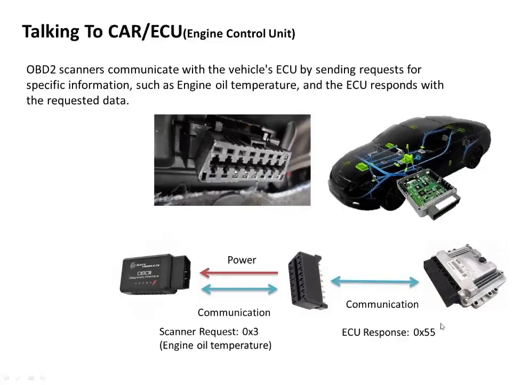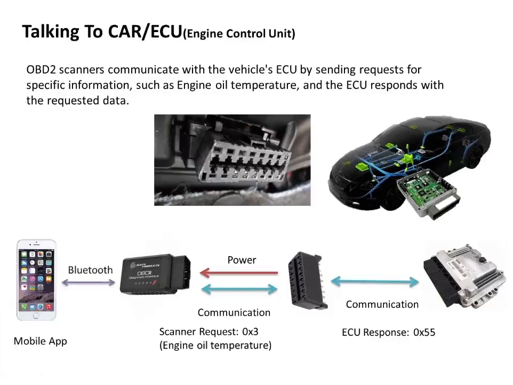So this request will transfer to the ECU, and the ECU will look into the request and respond back to that request with the data. For example, the ECU responds with the data 0x55.